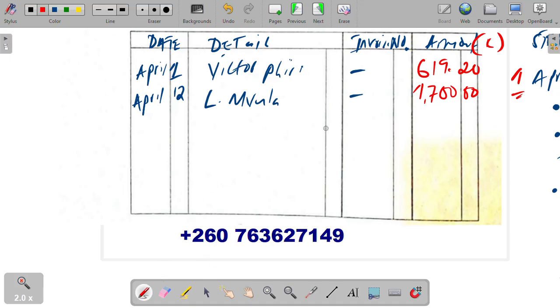Then we'll just indicate here our total. Our total will be, we'll add this 619.20 plus 1,700. Punch your calculator.